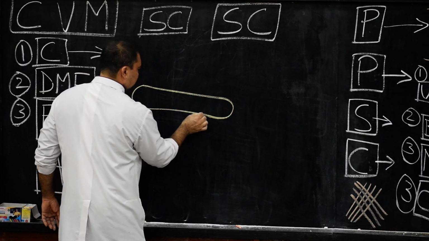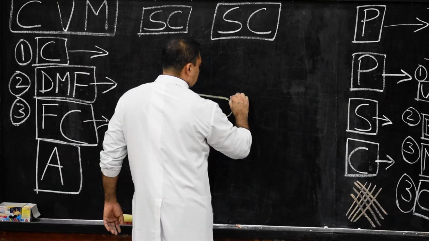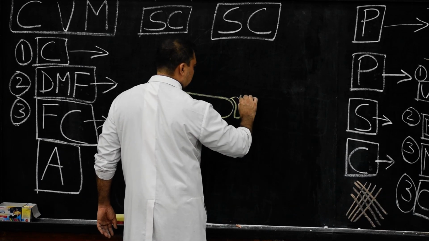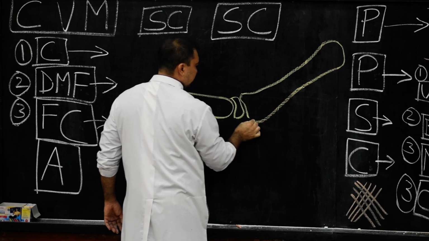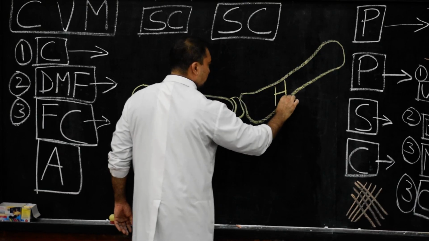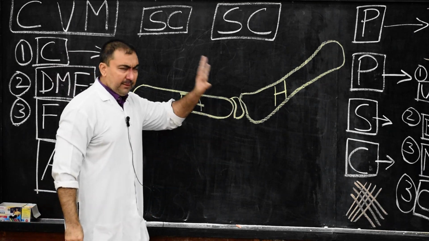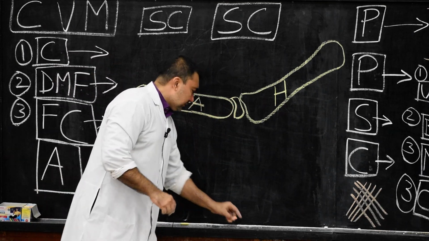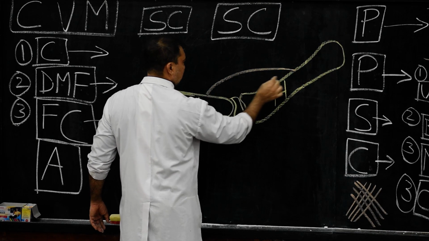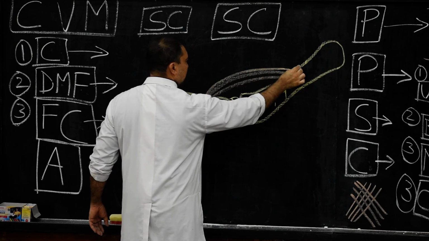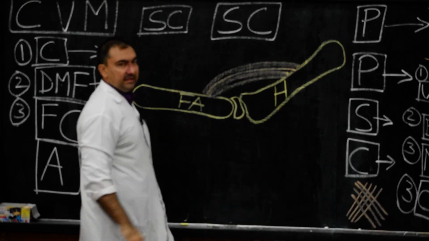Suppose we consider this as one of the bones of the forearm, and here this is the joint, the elbow joint, and let us consider this as the humerus. Now I will draw the muscle, and later on I will give you an example. This is the muscle from the origin to the insertion.